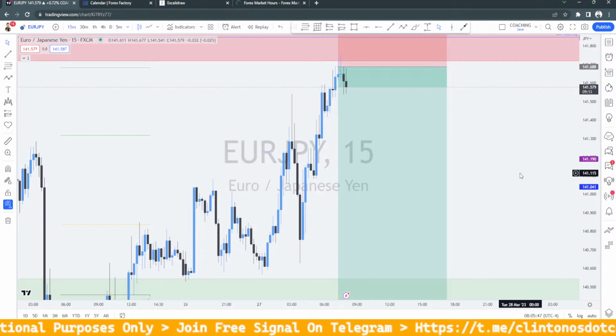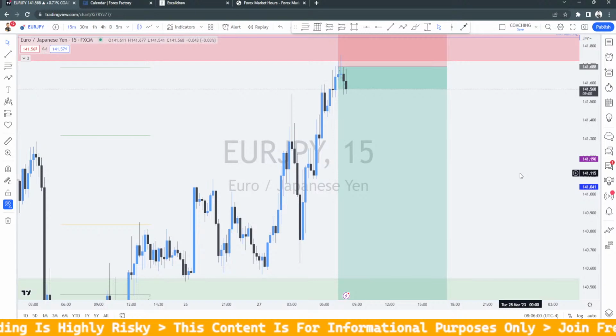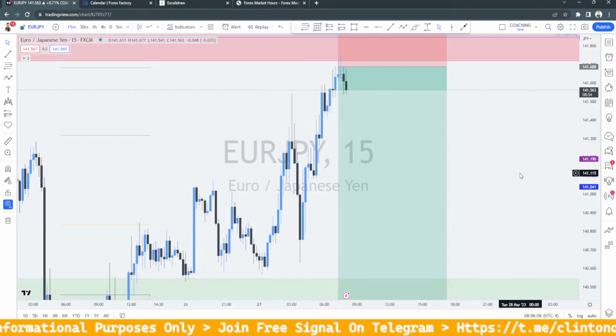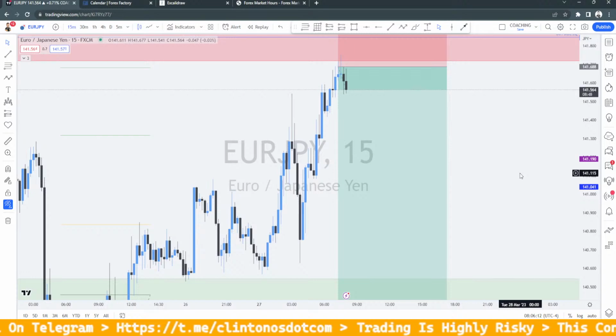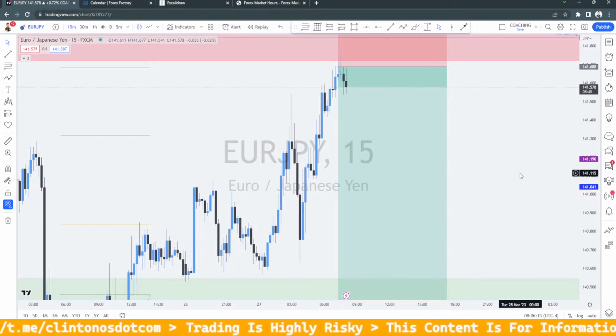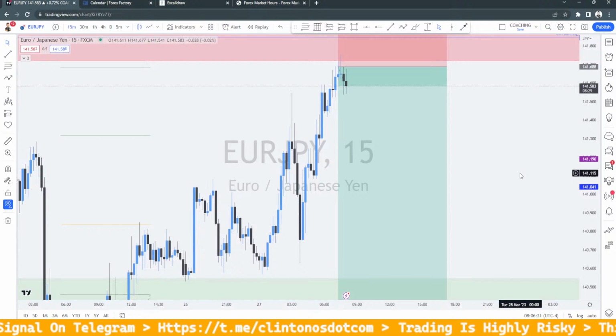All right, interesting. Interesting trade setup playing out.